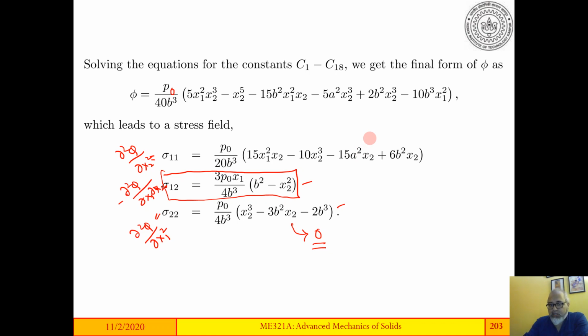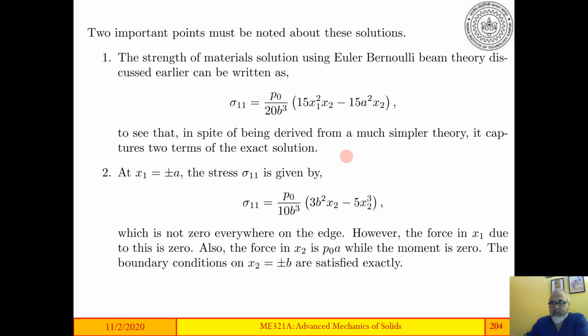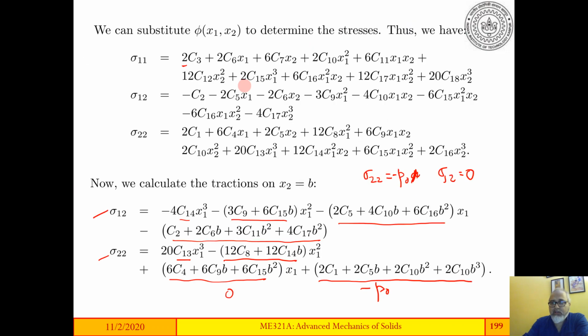I think 15 x1 square x2 and 15 a square x2 were terms that were already there. I am just scaling this to 15 and this to 20, multiplying by something to scale this up. This is the Euler-Bernoulli beam theory equation that we had obtained earlier. I'll go back to that.